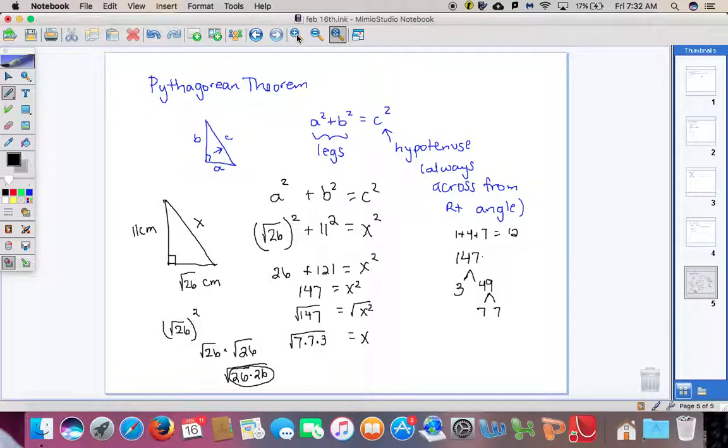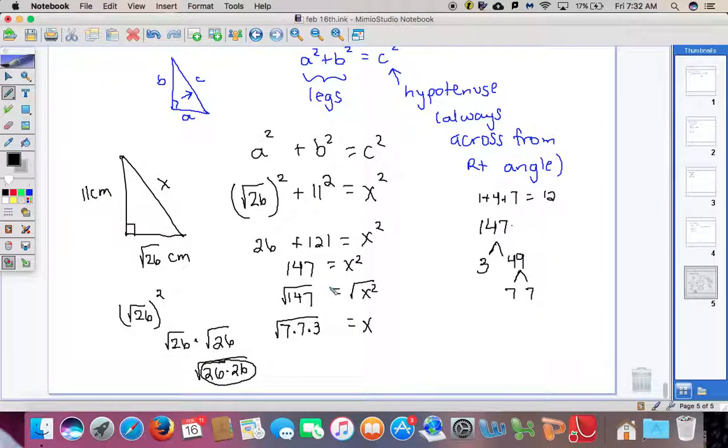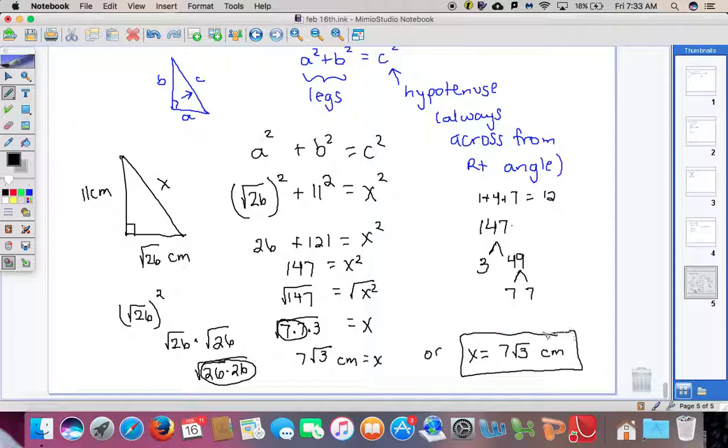Okay, well, we've got a pair of 7s, and so since we have that pair of 7s, one 7 comes outside, and what's left is the square root of 3. And since we're dealing with centimeters, x is a distance, so we have x equals 7 times the square root of 3 centimeters. And I want it in radical form, not decimal form.